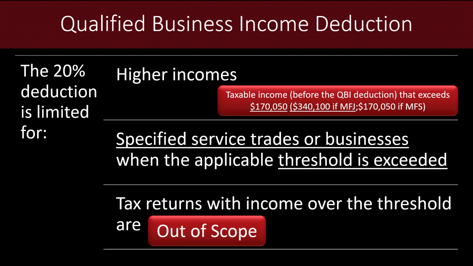Again, from an informational standpoint, for taxpayers above the threshold, it would be important to know what type of business the taxpayer was in, because certain business types might fall under what's called a specified trade or business that would not qualify for the deduction. In short, accountants, lawyers, healthcare, etc. Under the threshold amount, however, it doesn't apply.